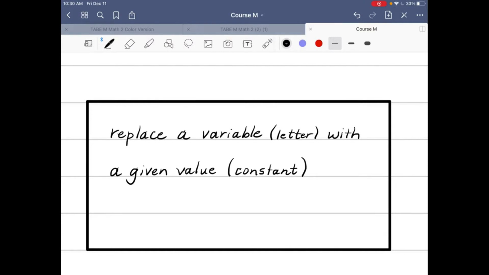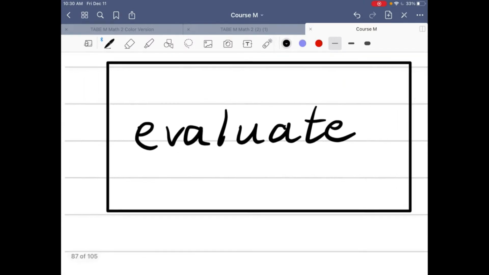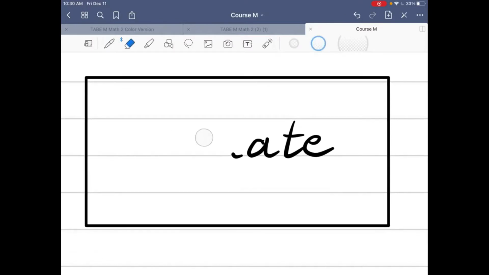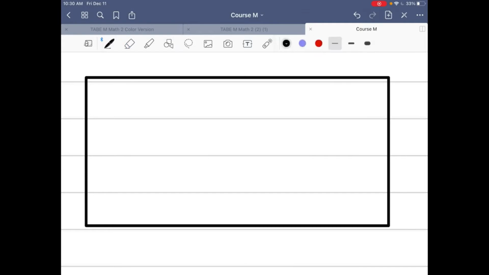And then once we do that, we can evaluate. So let's see what this verb means. Evaluate means to do all the math that can be done.